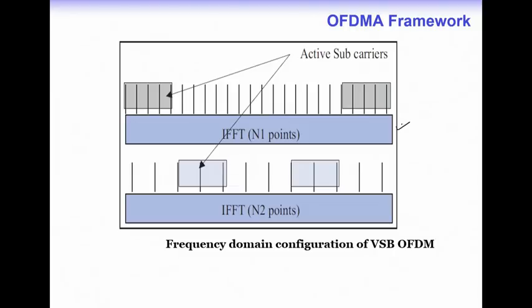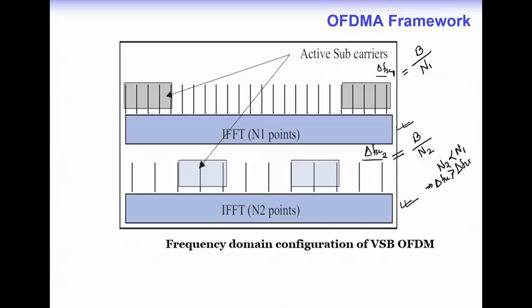That means, one can think of different FFT sizes, all operating on the same bandwidth, but the subcarrier spacing is simply different. If the total bandwidth is B, subcarrier spacing 1 should be equal to B divided by N1, and subcarrier spacing 2 is the same bandwidth divided by N2. In this case N2 is less than N1, leading to delta f SC2 greater than delta f SC1.